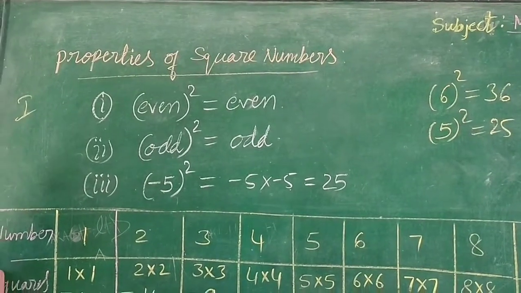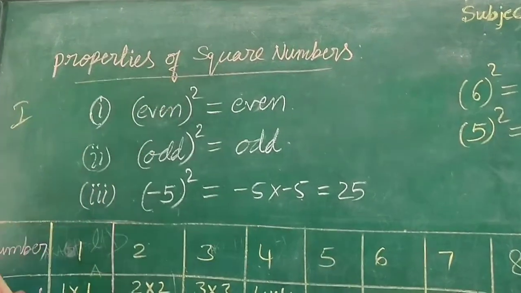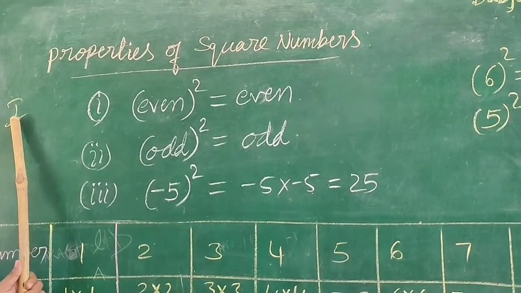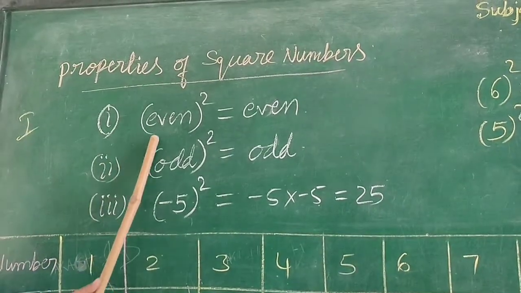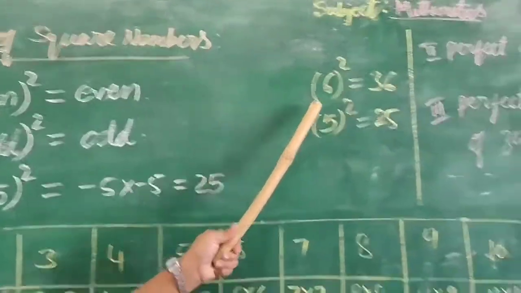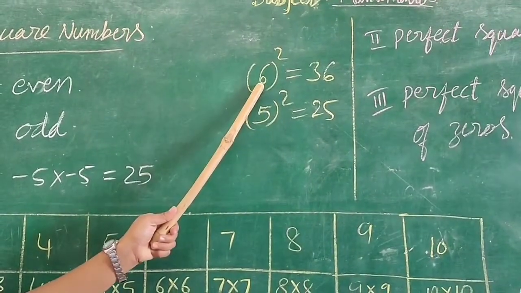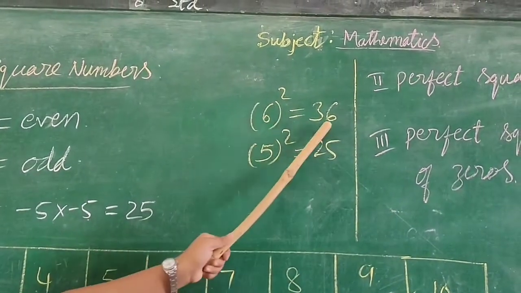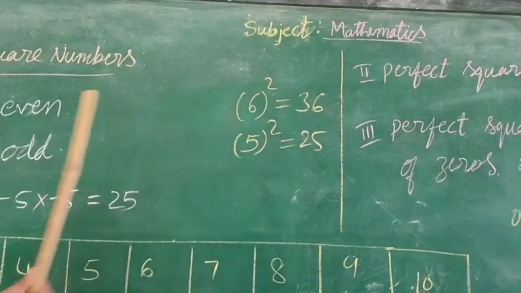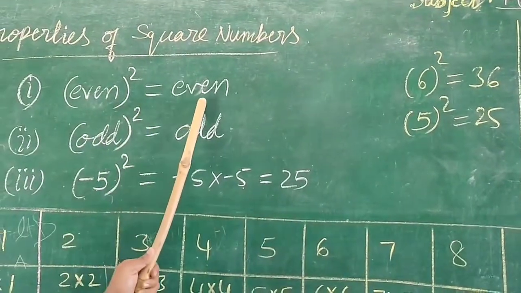Now let's start the properties of square numbers. The first property is, the square of an even number is even. Take one example. Here 6 is an even number. The square of 6 is 36. 36 is also an even number. So the square of an even number is even.